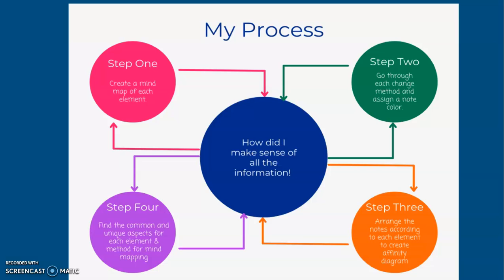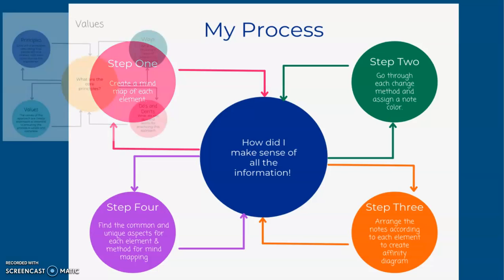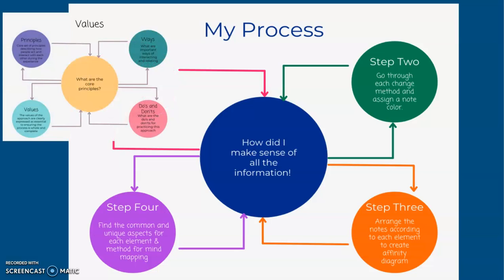My process started by defining each of the 8 design elements with a mini mind map. Once I understood all the elements, I assigned each change method a note color and pulled out information while reading through them.